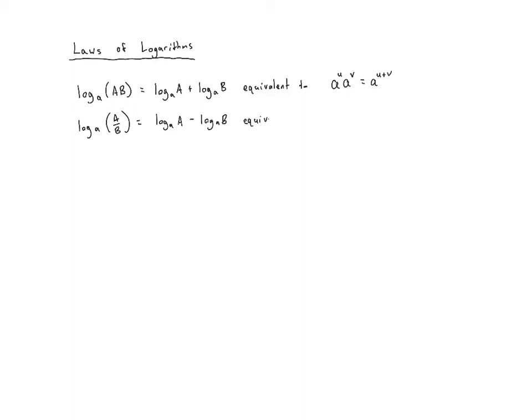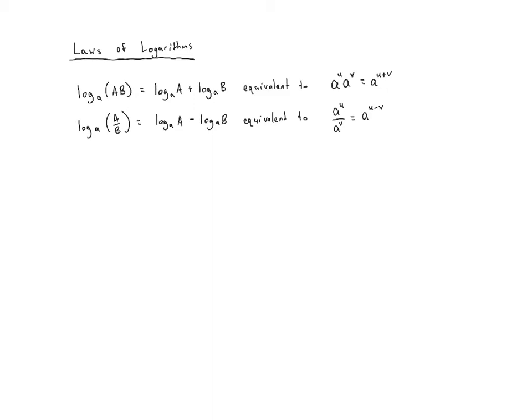This is equivalent to the rule a to the u over a to the v equals a to the u minus v. Another situation where we have a quotient that can then be expressed as a difference.